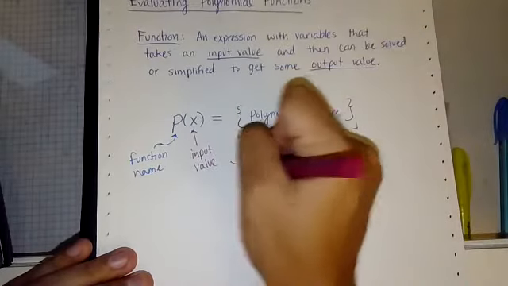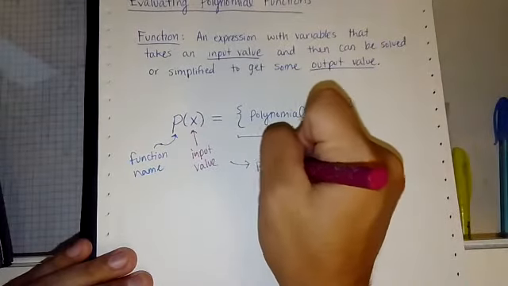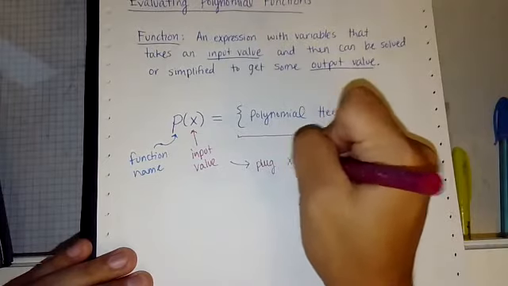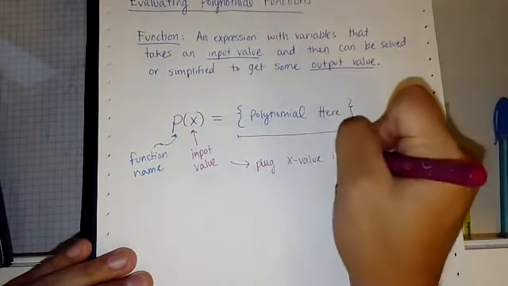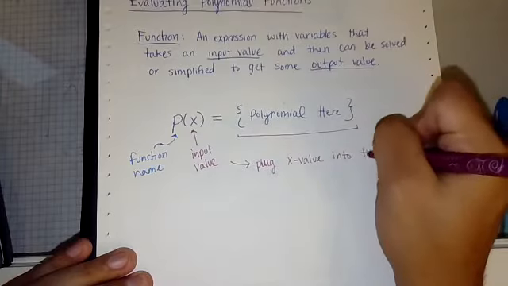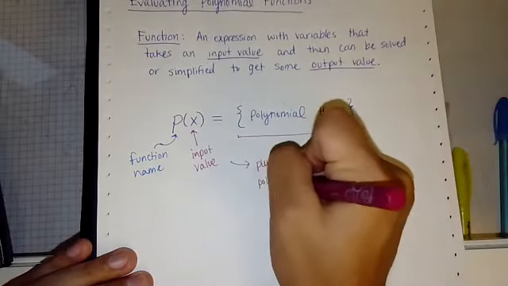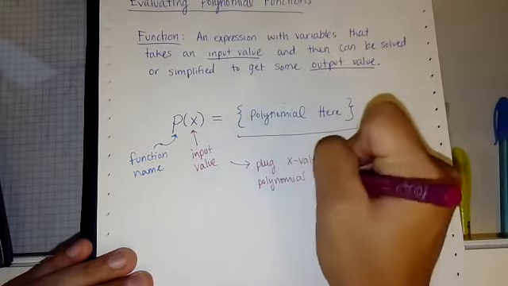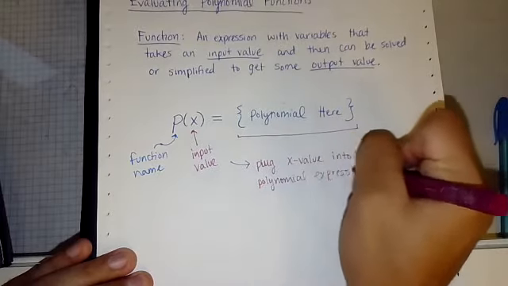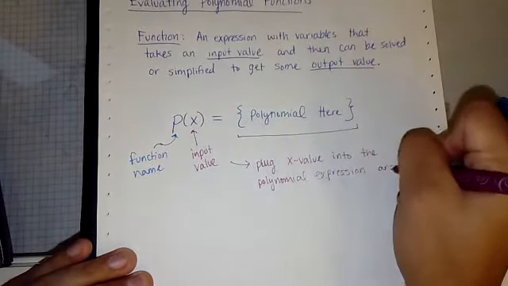So you're going to plug the x value into the polynomial expression and simplify it.